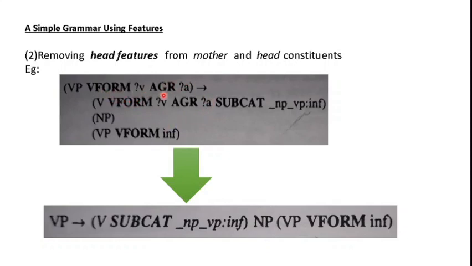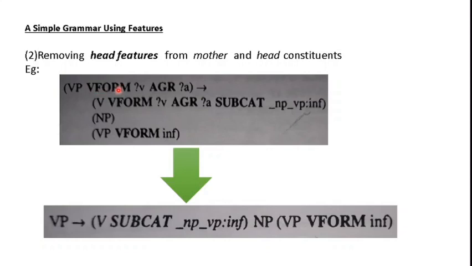So what this optimization means here is, if we can remove these head features from the writing of this rule, then some clutter or complexity in writing can be reduced. So this grammatical rule can be written like this. Here we had the features VForm and AGR on the VP or the mother part, and those are the head features.